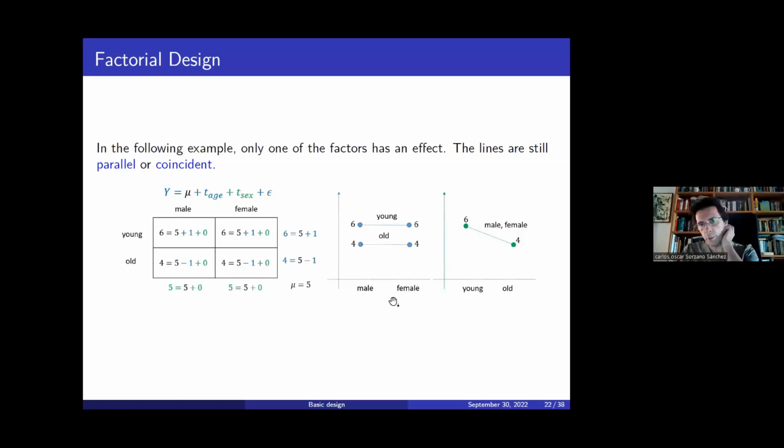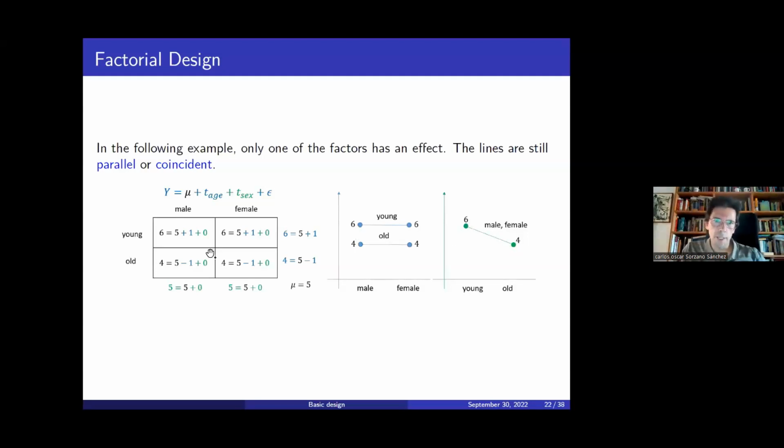And then when we make these plots, we see that the young and old animals have a difference between them, so there is a gap between these two lines. And between males and females, we don't actually see the other one because it is under the one we have represented. So male and females have collapsed into the same line.